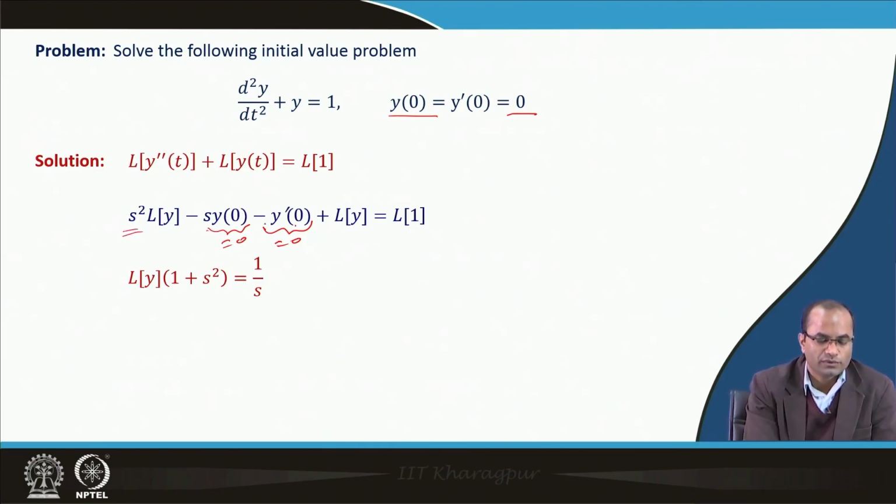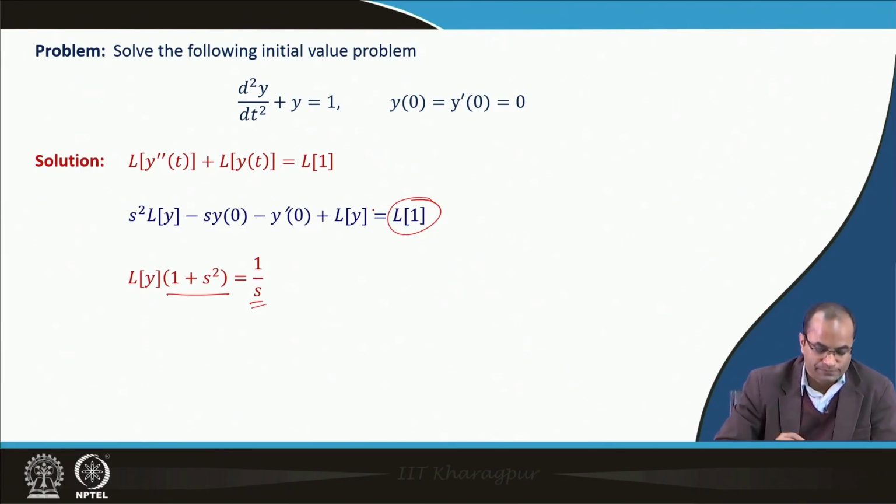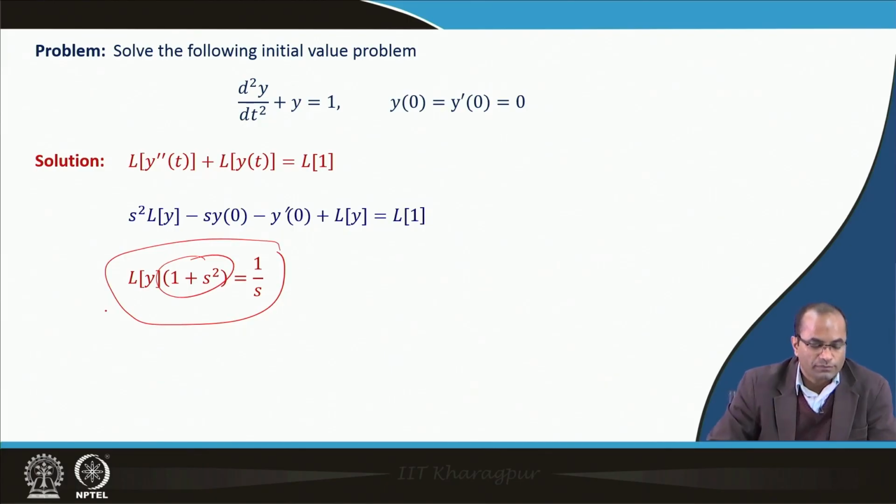So, we have s square plus 1 when we take L y common. So, this is L y times 1 plus s square, and on the right hand side the Laplace of 1 is 1 over s. Now we can divide this by 1 plus s square.